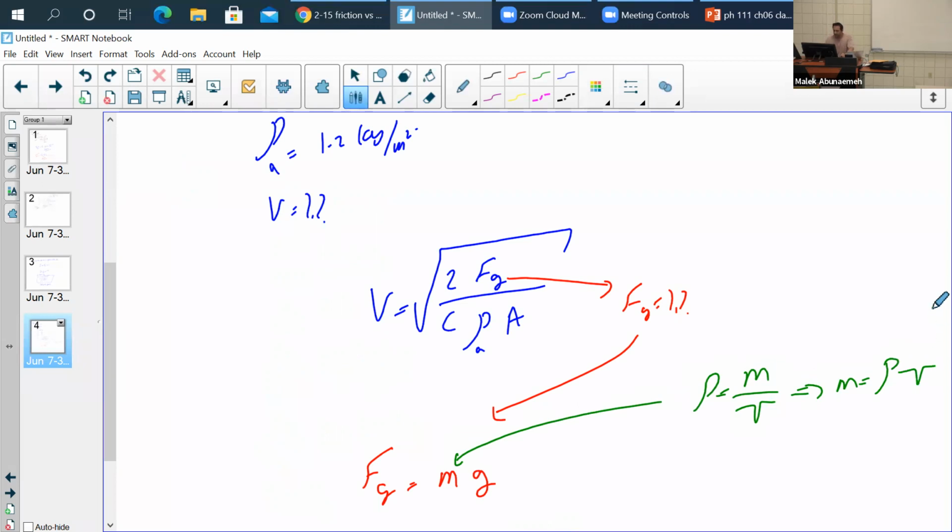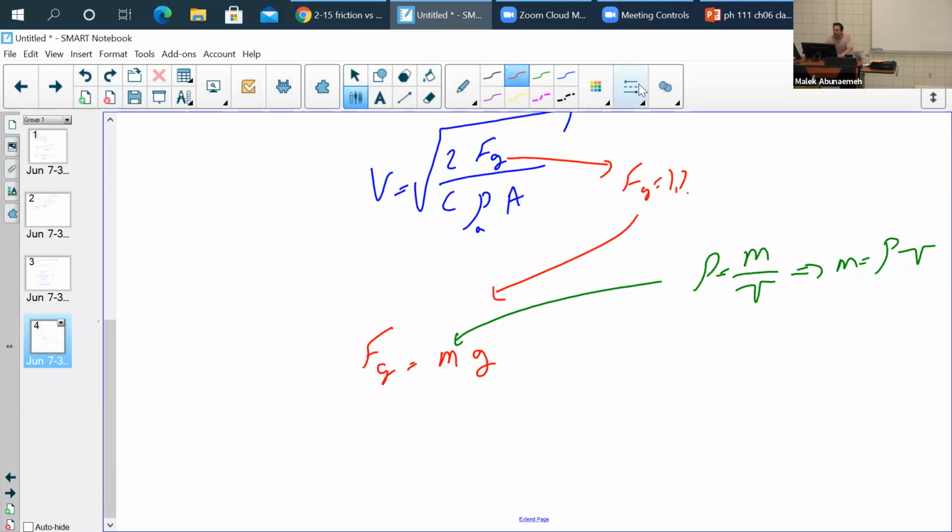Substituting this, your gravitational force is going to equal, let me label these out: gravitational force, mass, volume, density.